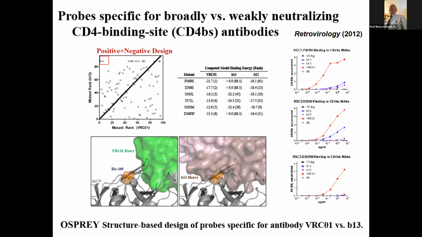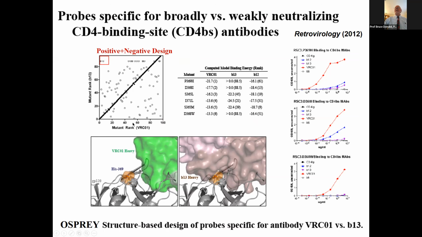So basically, how do these antibodies pull down? Well, that's a whole story in and of itself. But basically, that's also a combination of positive and negative design. So you have these probes which are bait proteins. You want them to bind to certain things and not other things. So the positive design is to design the probes so that they bind to the right kind of antibodies and not the wrong kind of antibodies.